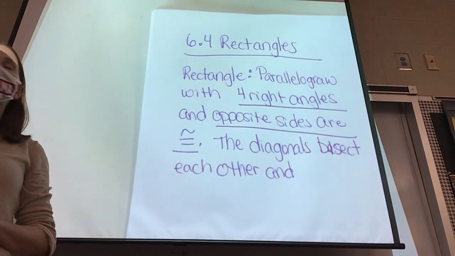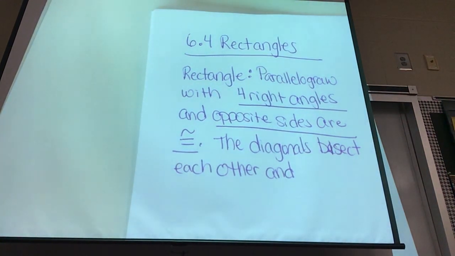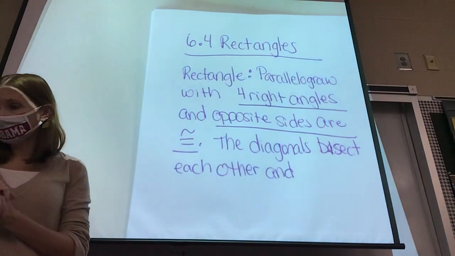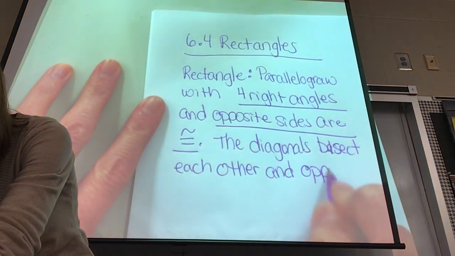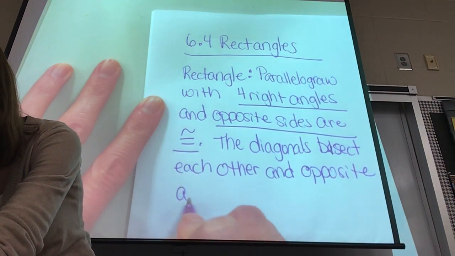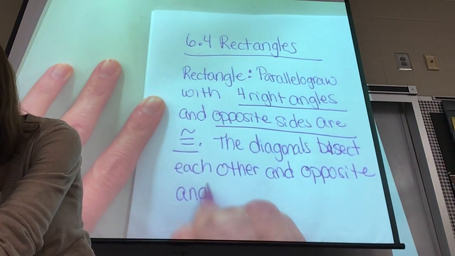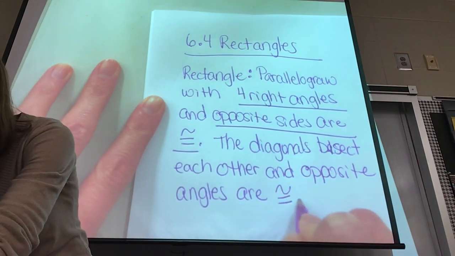Okay, so that's kind of what we were talking about last time. They bisect each other. And, of course, opposite angles are congruent.